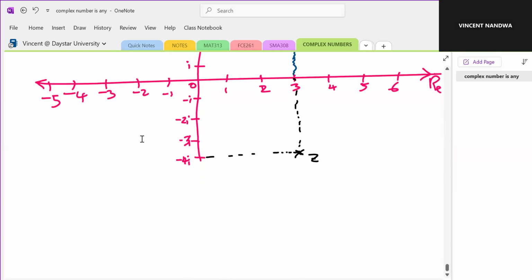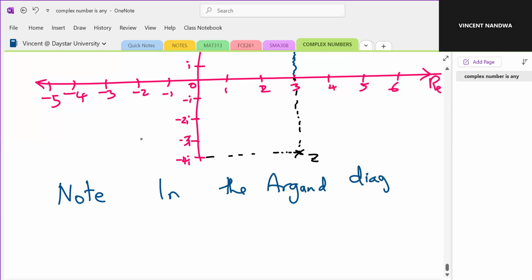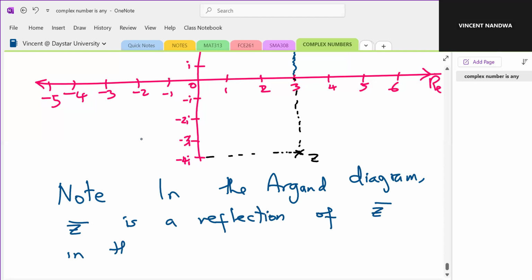And we know that, which is always true in general, not only in the Argand diagram, the conjugate of Z is a reflection of Z in the real axis.